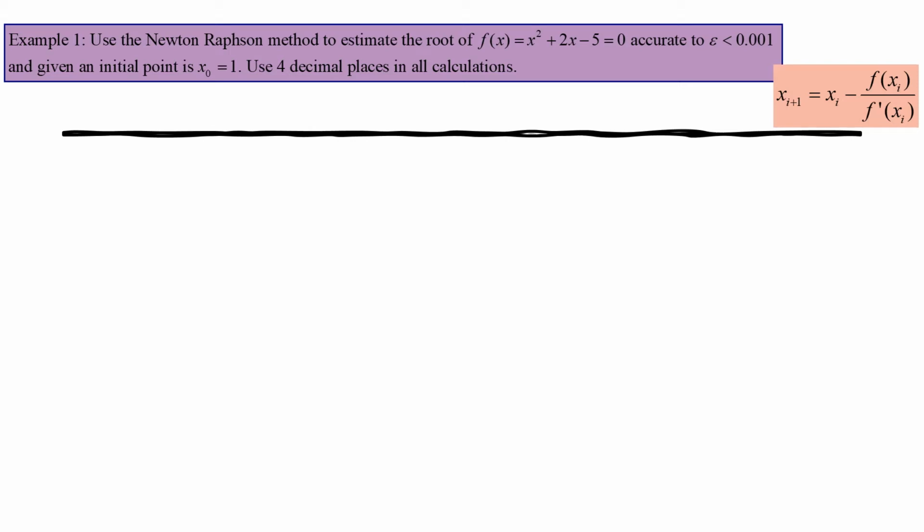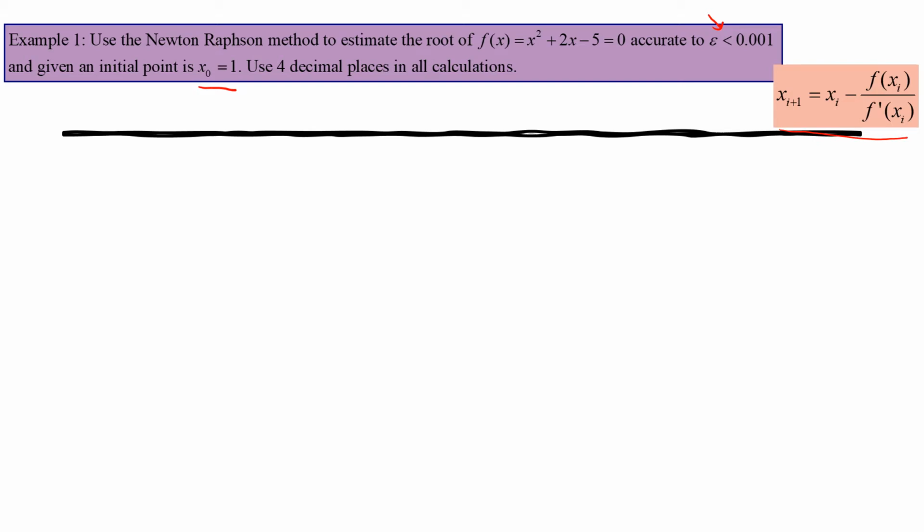Use 4 decimal places in all calculations. So you have the initial point x0 equals 1, and you have to calculate until the error is less than 0.001.